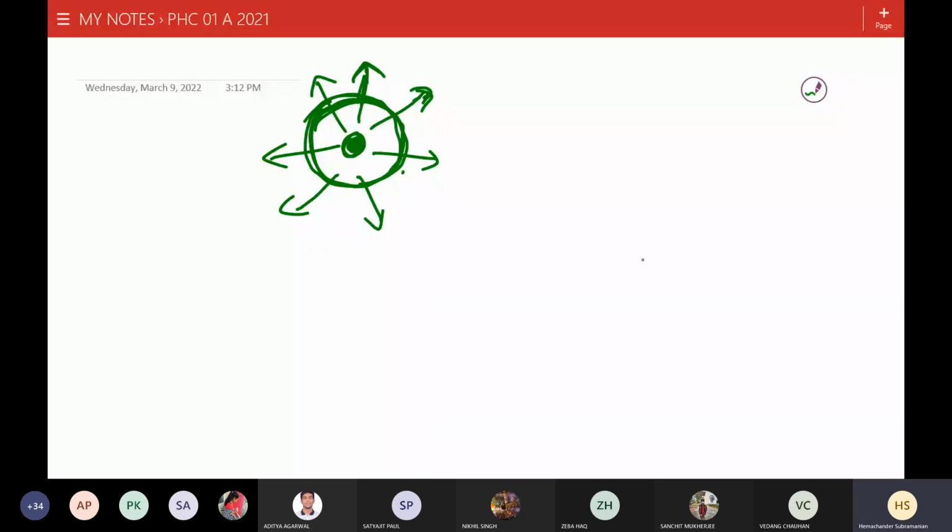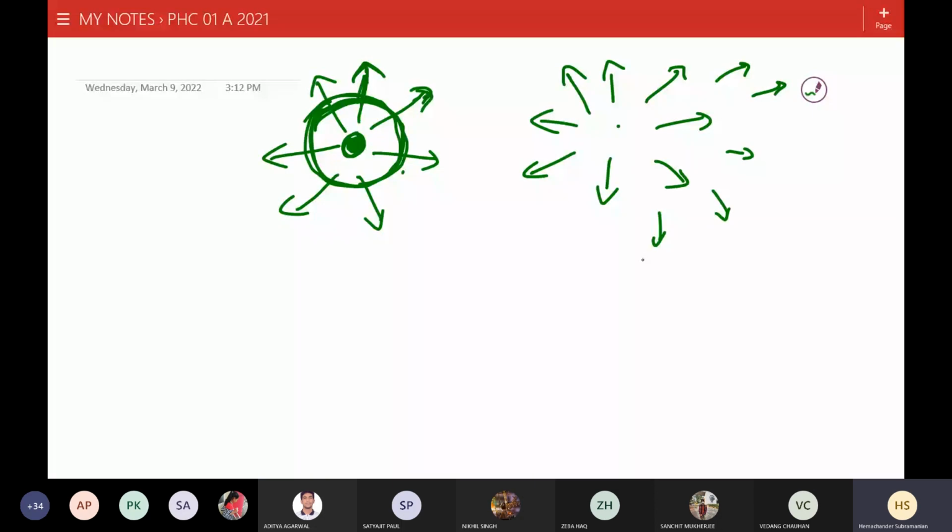You have an electric field, so you have a field of vectors. At different points you have different electric field vectors, right? You have a charge here, let's say. The electric field goes down as you go far away from the charge, obviously.